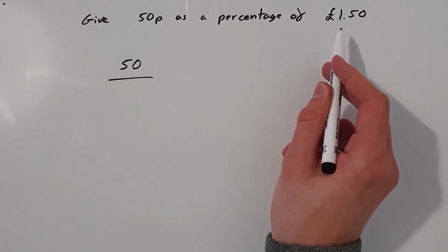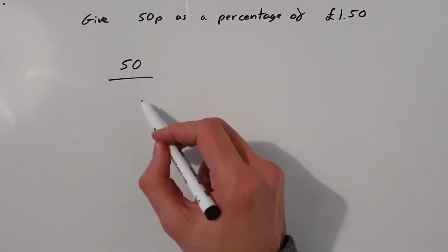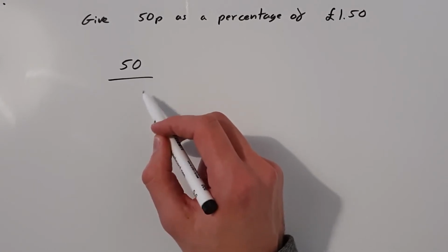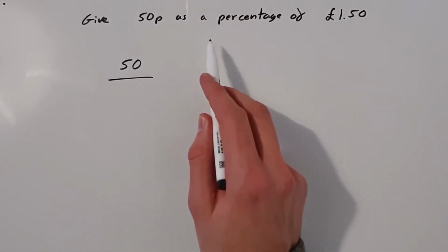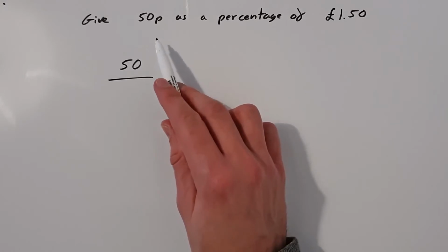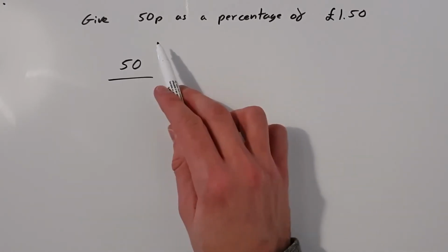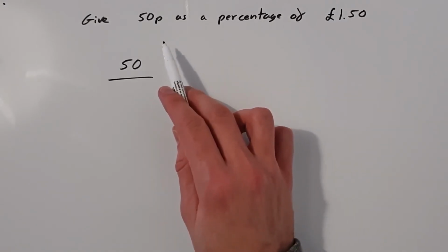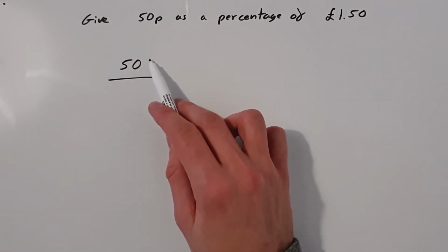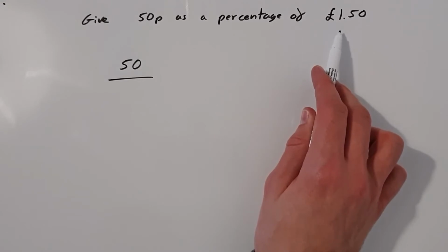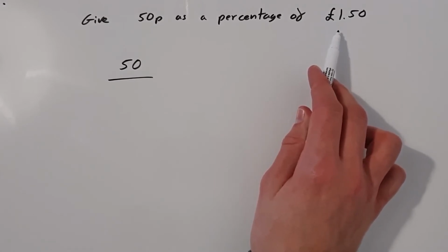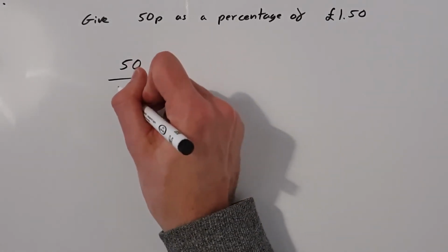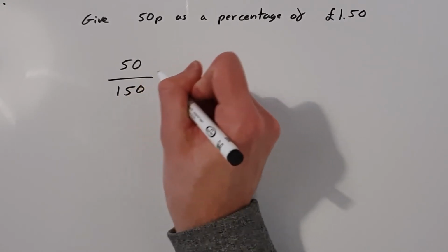But what we must do when we're doing questions like this is make sure that the units of both our numbers are the same. So they must either be both represented in pounds or both represented as pence. Let's just choose pence. So 50p is fine. £1.50 converted into pennies, we'll times it by 100, so that becomes 150, because there's 150 pennies in £1.50.